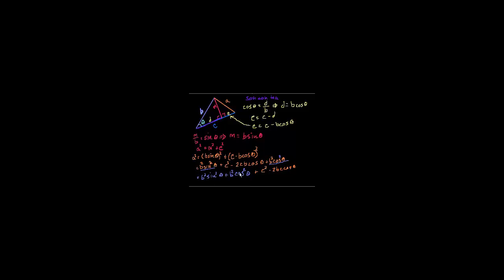Well, what does this simplify to? This is the same thing as b squared times (sine squared theta plus cosine squared of theta). Something should be jumping out at you. And then that's plus c squared minus 2bc cosine of theta.